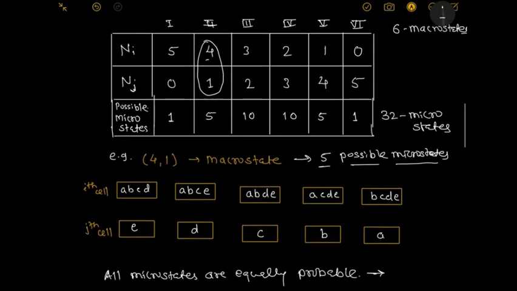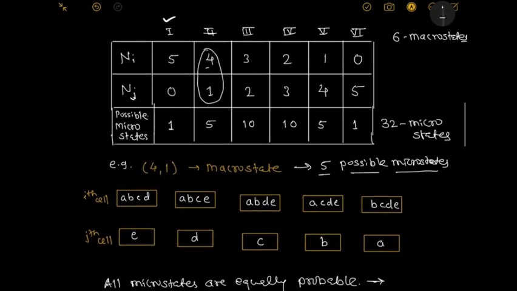Similarly, for the other macrostates, second and fifth, the possible microstates are 5. Hence, the a priori probability for that macrostate is 5 by 32. That is again the same.